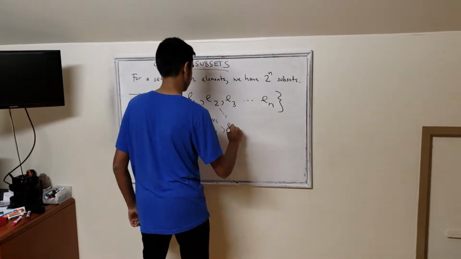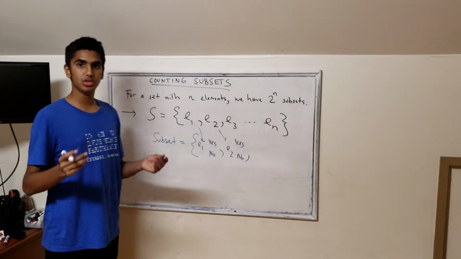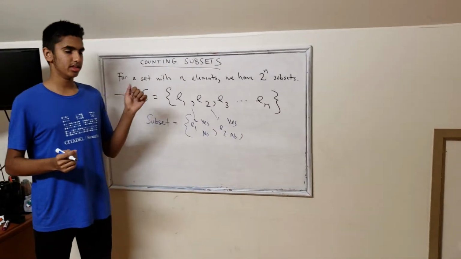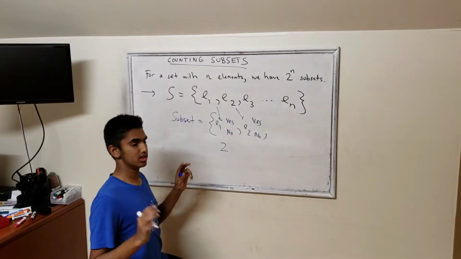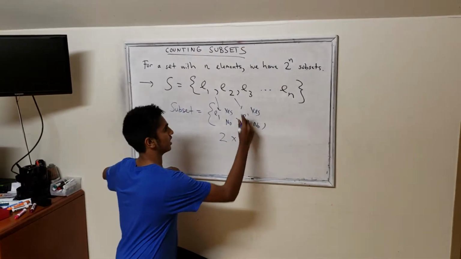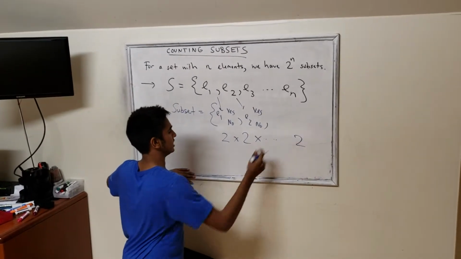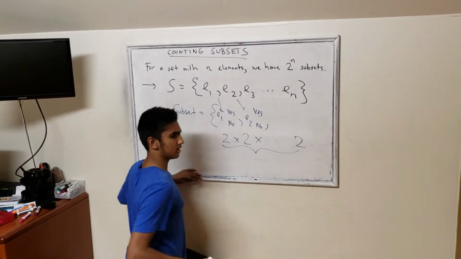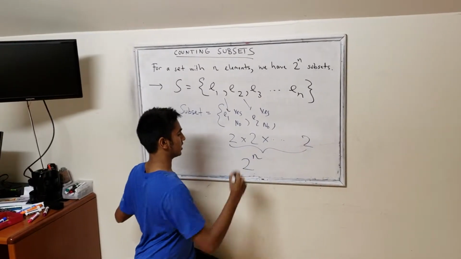For E2, we can say we want it, we don't want it. For each element, we have 2 choices when we create a subset. We can either include it or not include it. So we have 2 options for our event of choosing E1, another 2 for our event of choosing E2, and so on, until our event of choosing En. How many factors of 2 are there? These are n factors of 2, which becomes 2 to the n.